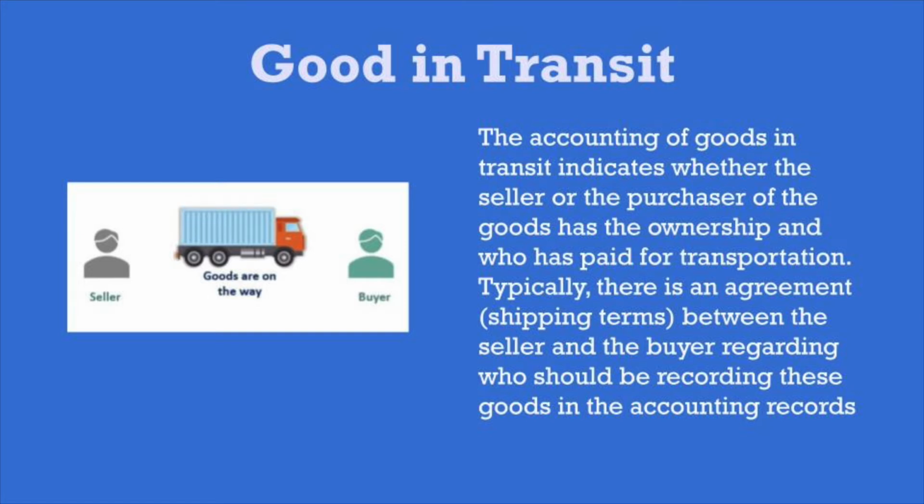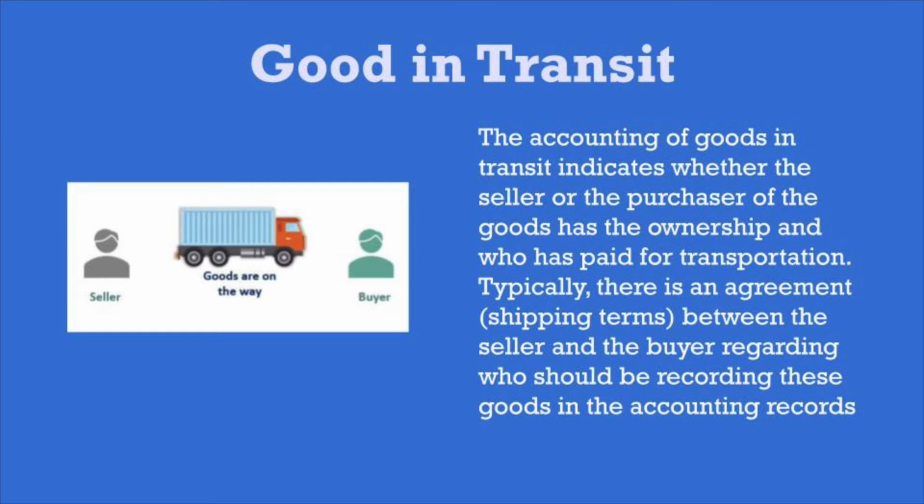There's something called free on board, and free on board shipping point means that they'll put it on the truck for you, but you're going to pay for the truck to bring it to you. If it's free on board shipping point, you consider it as part of the inventory immediately when it's put on the truck. There's also free on board destination.